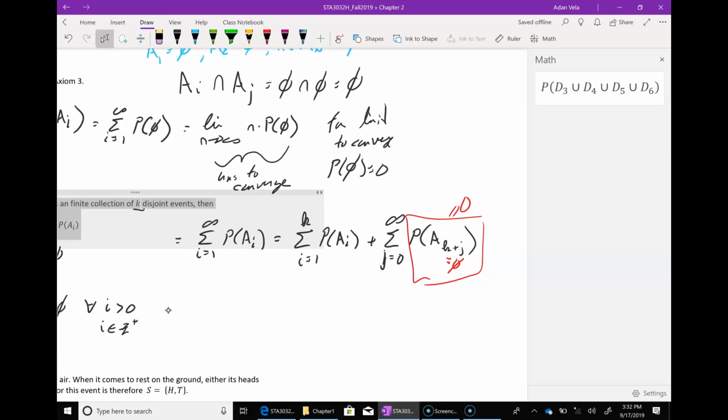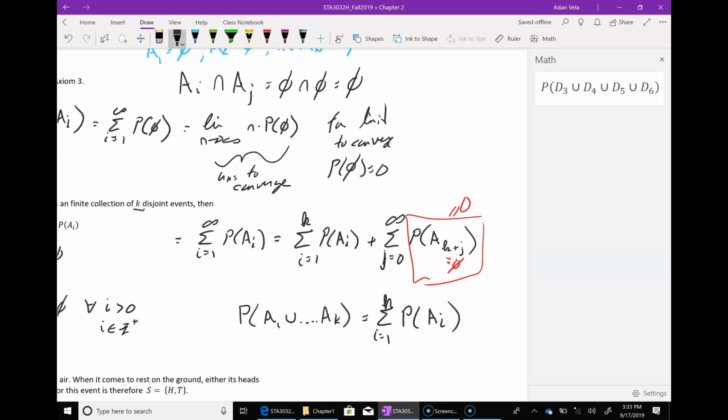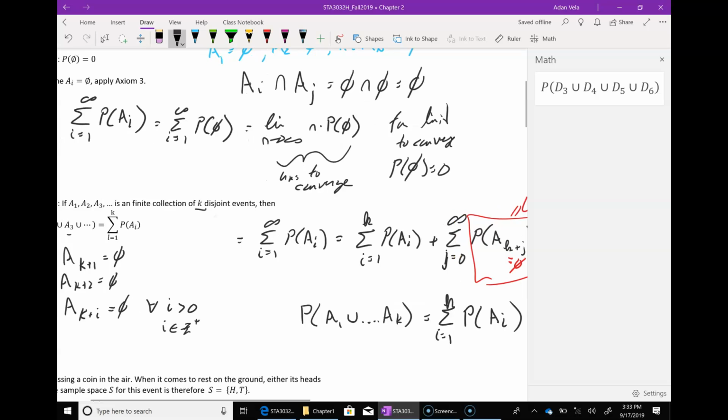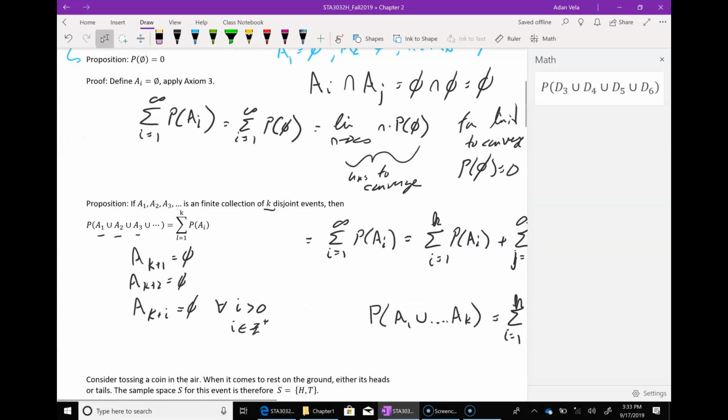And so that's how we end up with the idea that the union of k disjoint sets has a probability equal to the sum of their probabilities. It's a neat little proof. It's kind of fun. Alrighty.